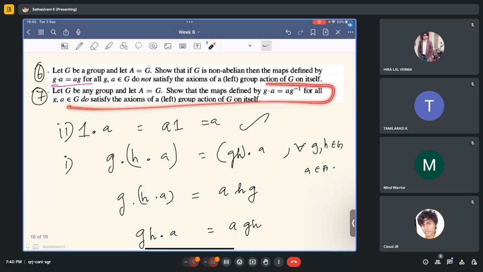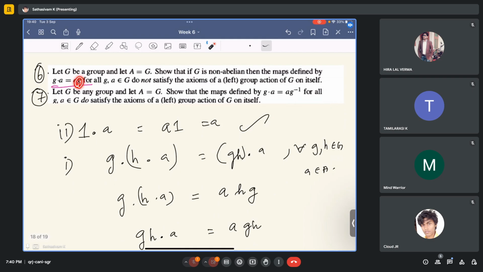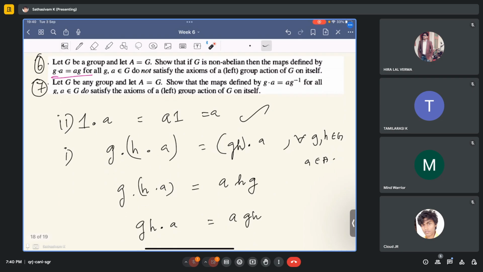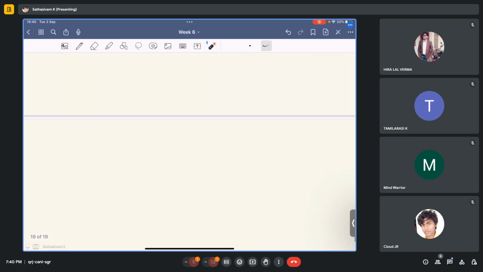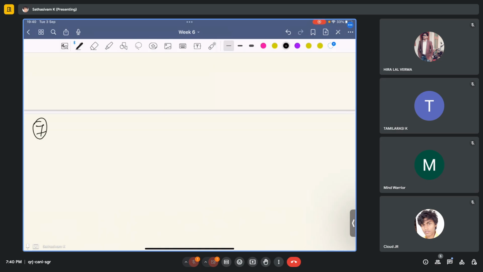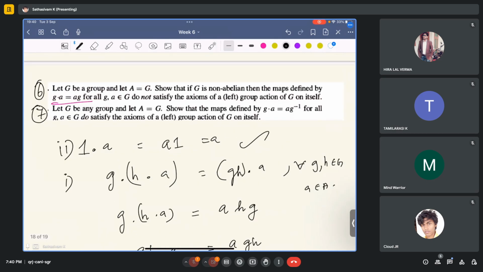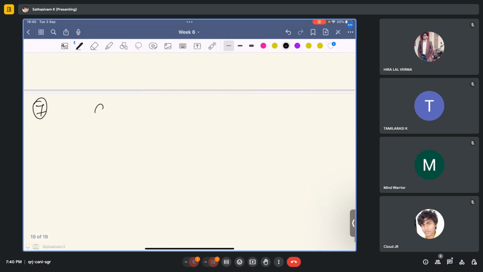So let's do the second one. What it says is, if you do it this way, it is not a group action. But if you do it with the inverse, then it is a group action. So let's do that one. g dot a is nothing but a g inverse, and here G can be anything, abelian or non-abelian, it doesn't matter.